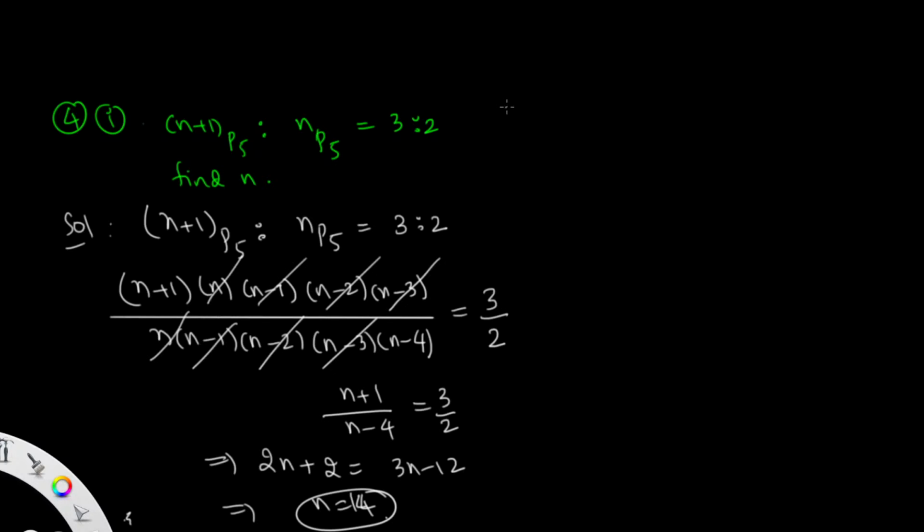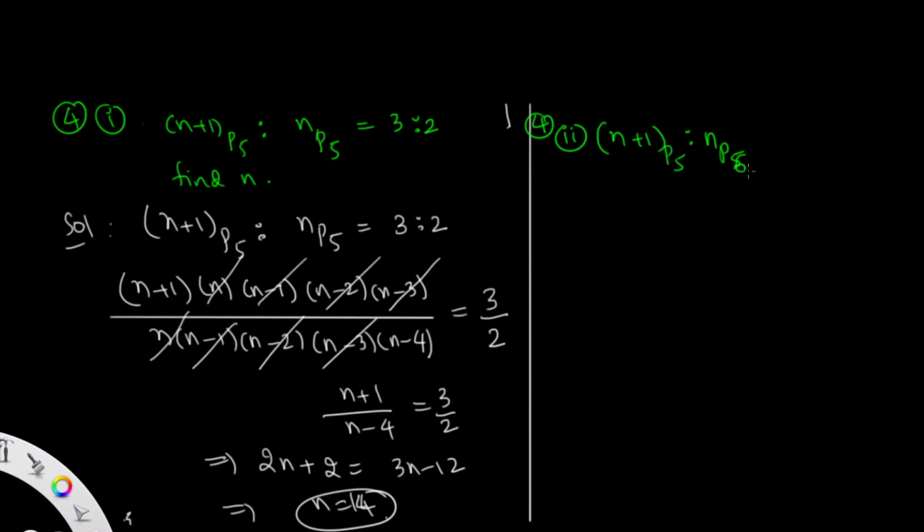In a similar process, fourth bit, second question, the same thing is given: n plus 1 P5 is to nP6, equal to 2 is to 7, find n.